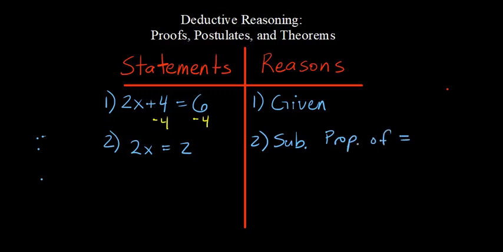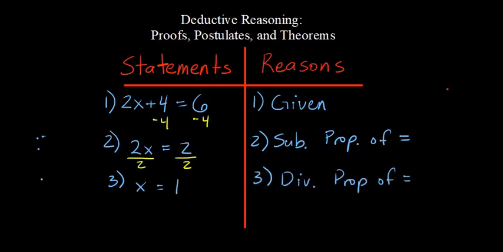All right, now we'll go on to our third step. So if 2x equals 2, then x equals 1, and this is because of my division property of equality. I started with my given information and worked my way down using these conditional statements until we proved what the question was asking for, x equals 1. We justified each step, in this case with properties of equality.